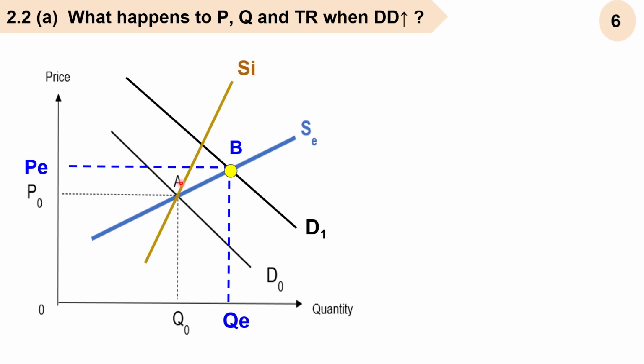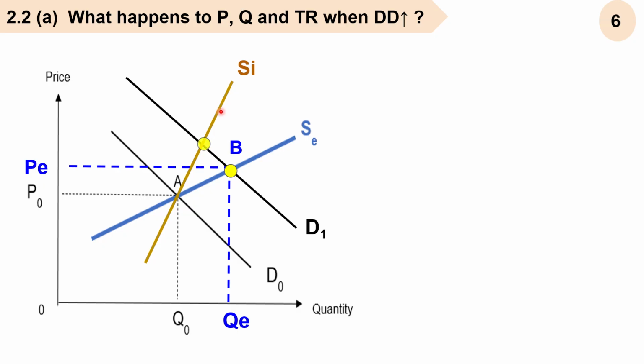And then the original equilibrium point is over here. I include in my supply curve that is price inelastic. This brown curve here is SI at the original equilibrium point.